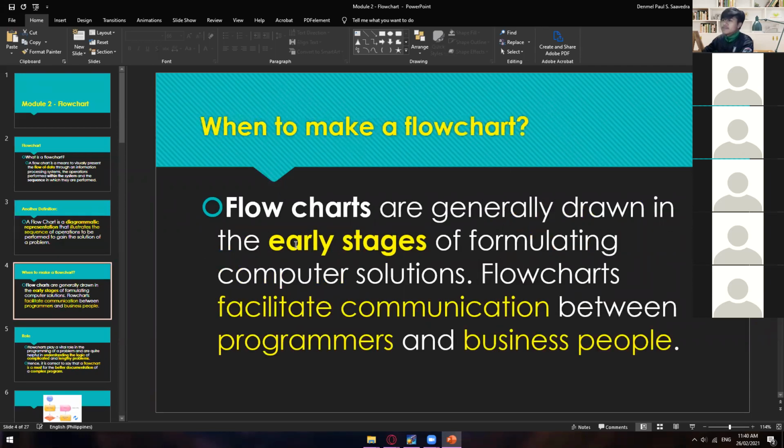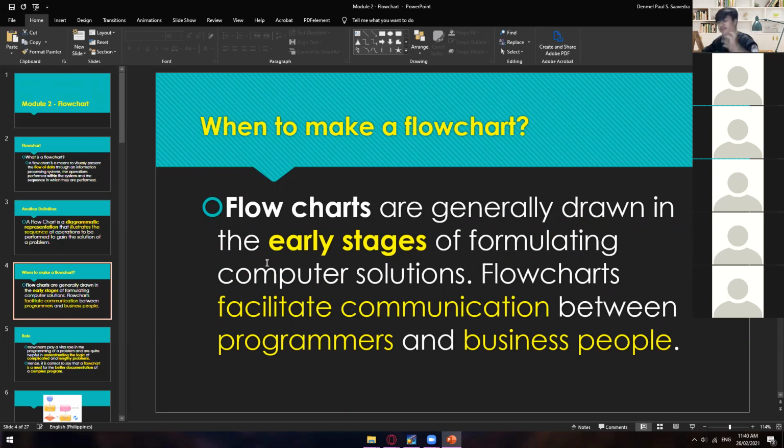Another question when it comes to flowcharts is when to make a flowchart. Is it at early stages? Is it if you already have the draft on paper? Is it once you already have the idea in your mind? Well, the only thing you need to think about is that as long as you have the idea how to create it, then you can create it anytime.